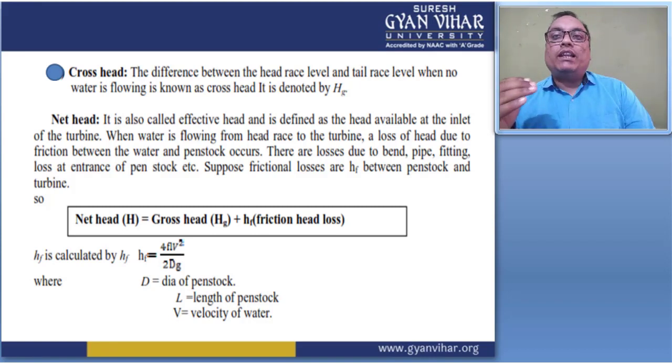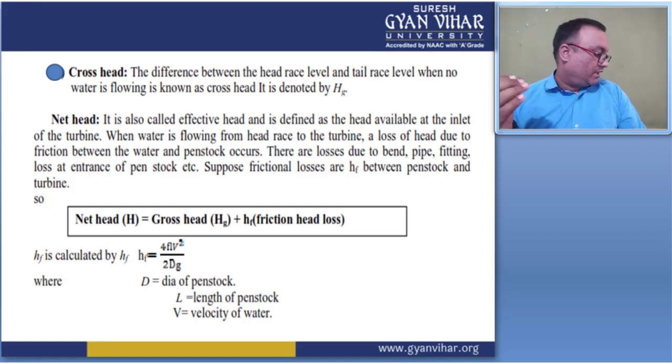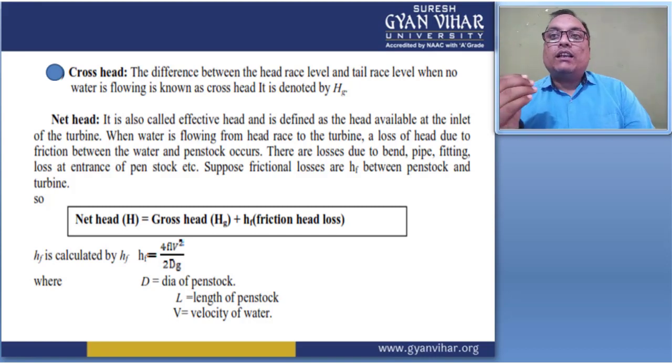And the jet will hit the splitter of the buckets, which will distribute the jet into two halves of the bucket, and the wheel starts revolving.